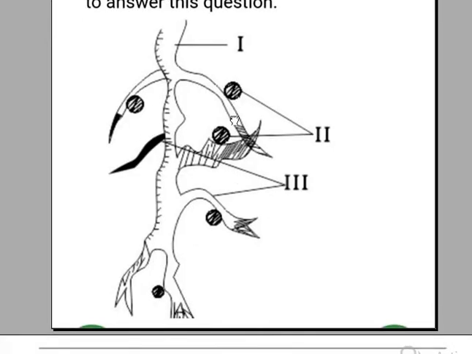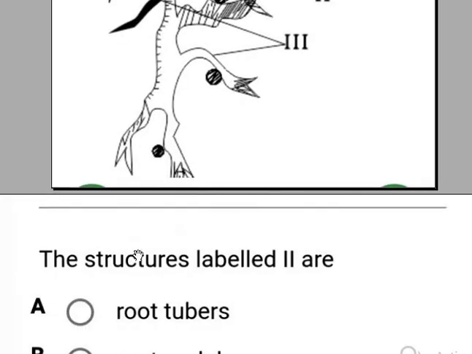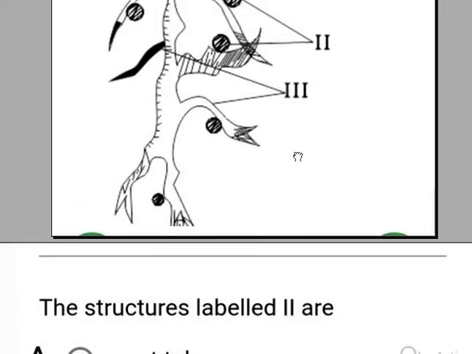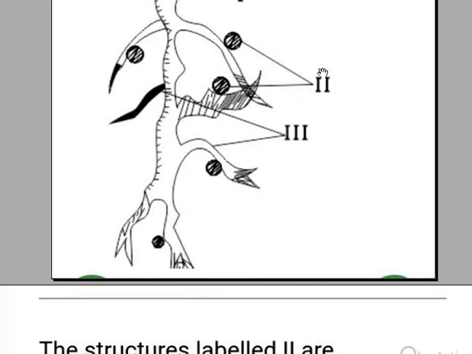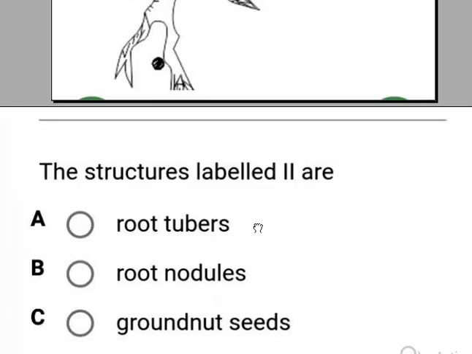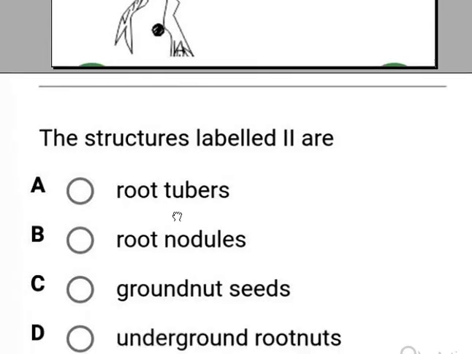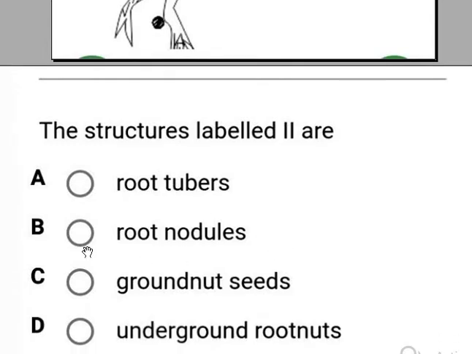They asked us the structure labeled Roman 2. The options are A, root tuber, B, root nodules, C, groundnut seed, and D, underground groundnut.